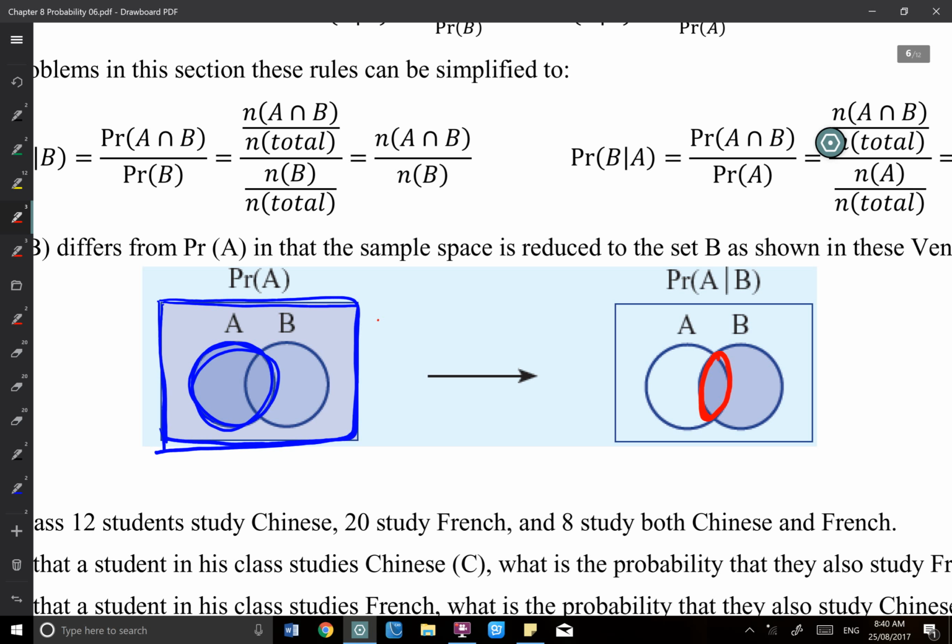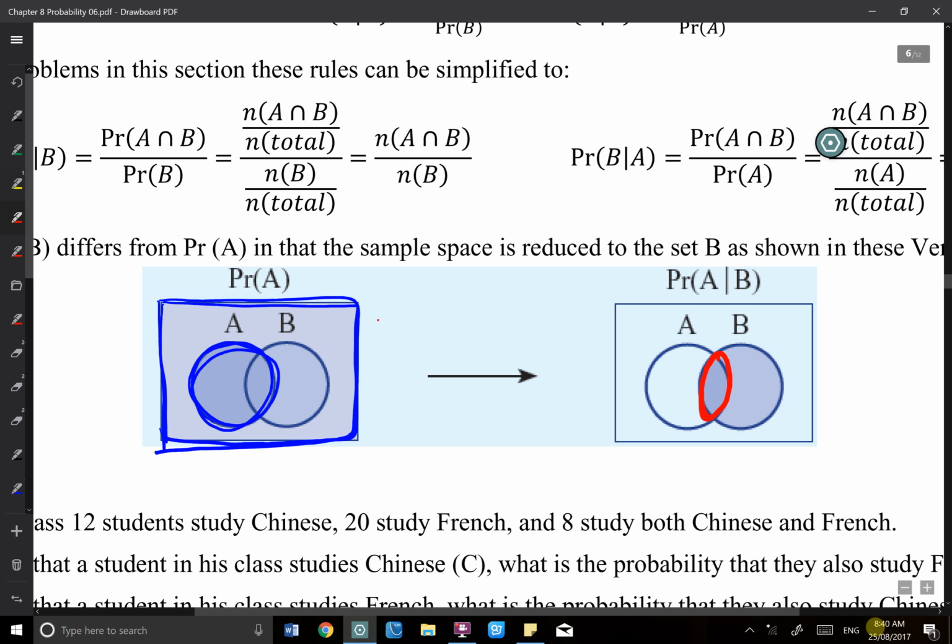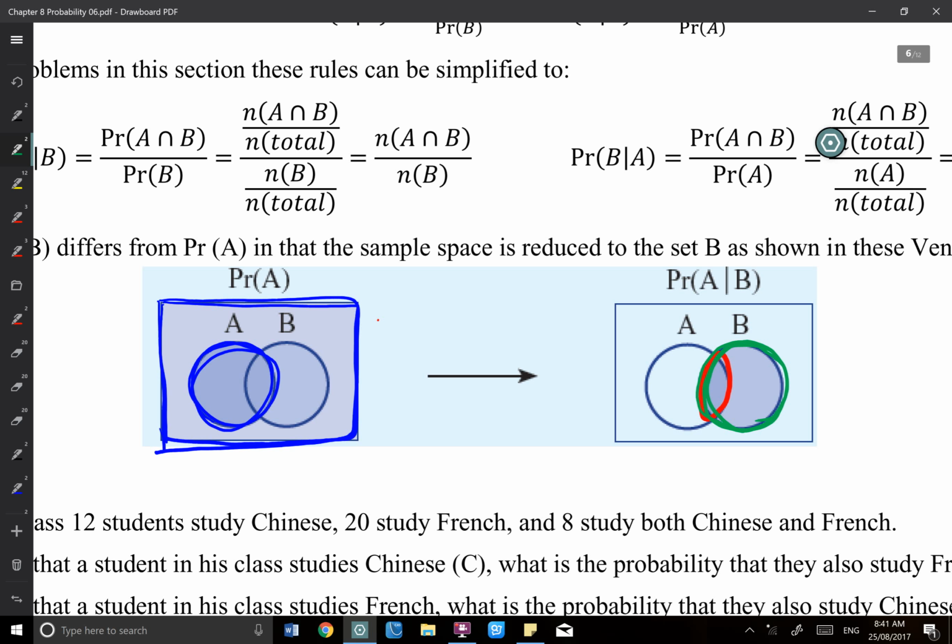Because you restrict your total elements, you restrict your total set to B. So it's this red part divided by this green part, because that becomes your whole set, your universal set now. Because B happened already, the rectangle is reduced to that circle.